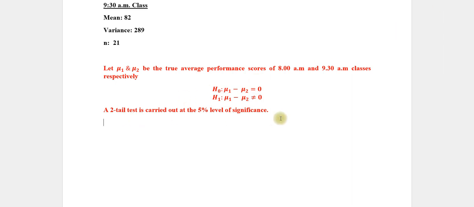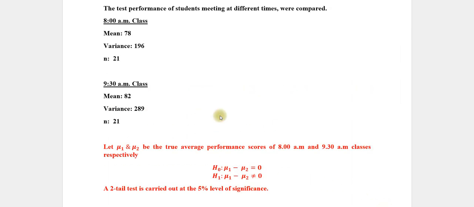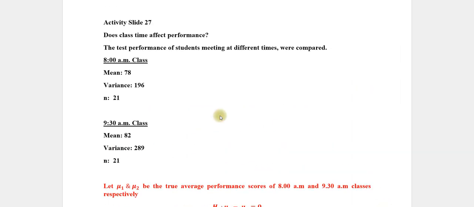And then of course a two-tailed test is carried out at the 5% level of significance, and we are going to make the assumptions now. What assumption shall we make? As you would have noted, we are doing hypothesis testing on two samples, and in this particular context, the sample sizes for both groups, the 8 a.m. and 9:30 a.m. classes, are both small.